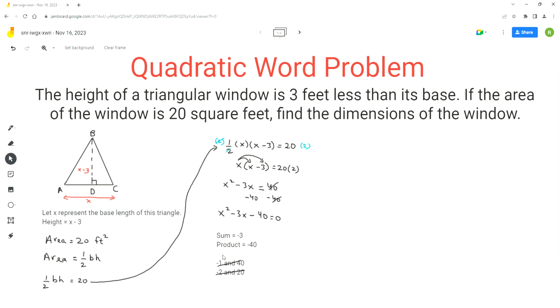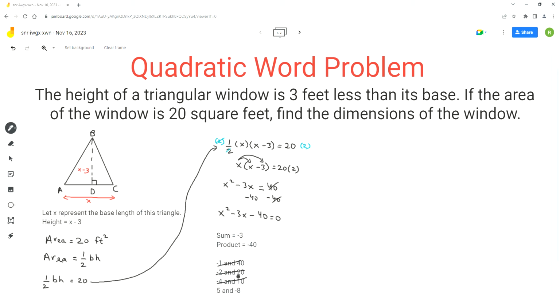Another possible pair we can get is -4 and 10. But we cannot get a sum of -3 from -4 and 10. So this pair is also out. The next pair that comes to my mind is -5 and 8. If I add -5 and 8, I get +3. So in order to get -3, I can make 5 positive and 8 negative.